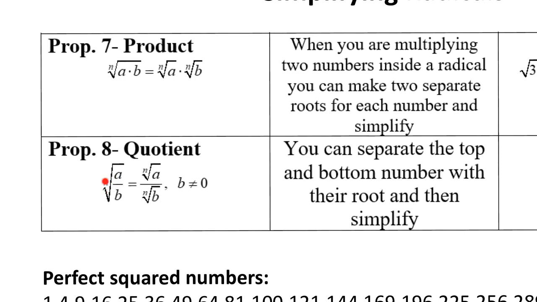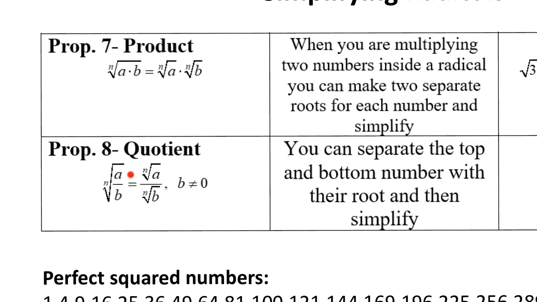Notice that we do have an n outside of the radical. That's because we don't only have square roots, where square means 2, but we also have cube roots, where cube means 3, fourth roots, fifth roots, and so forth. In my next video, you will learn about those different roots. But right now, we are just going to focus on square roots.